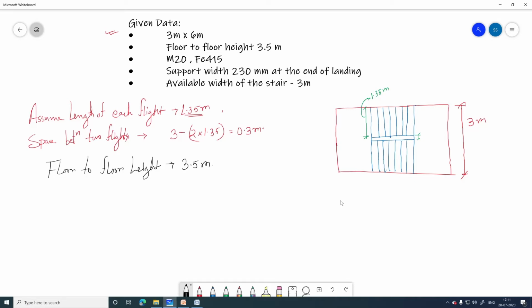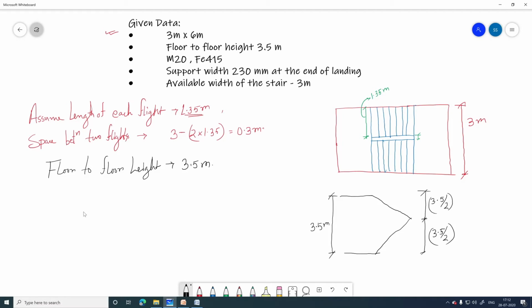Because if we make the elevation view, it will be something like this, and it is given that the floor to floor height is 3.5 meter. So what will be the height for each of the flights? That means this one is nothing but 3.5 by 2, right? Similarly for this case also, that is 3.5 by 2.